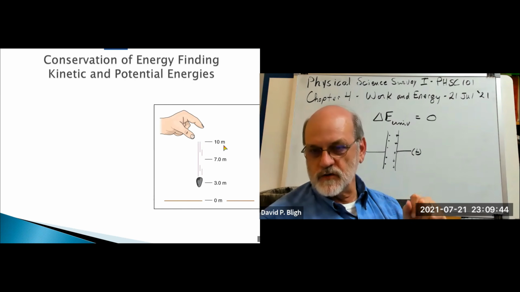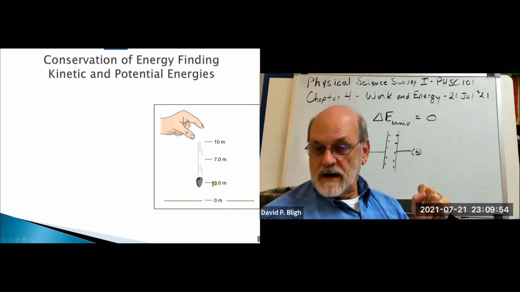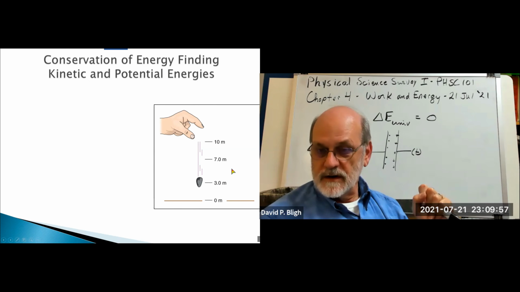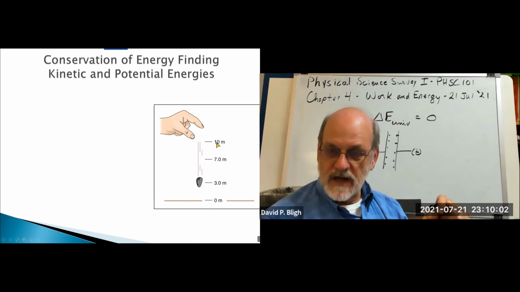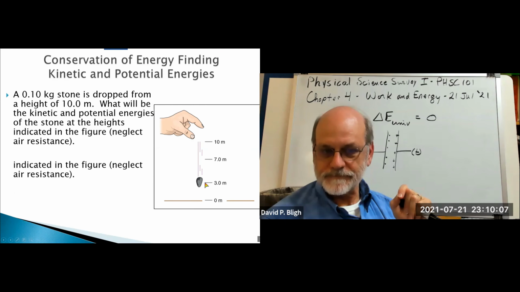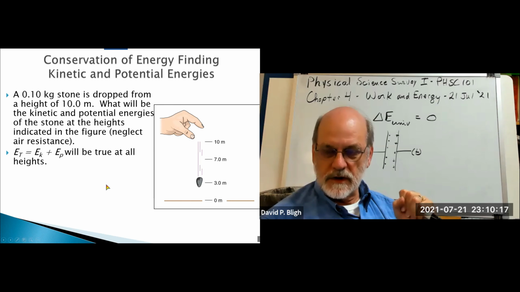So here's an example. We're dropping a rock from 10 meters to 0 meters, and at some point through here, this rock reaches 3 meters from the ground. Okay, 3 from 10 is 7 meters. It's traveled 7 meters, and that amount of stored energy now is converted into kinetic energy. Of course we have to neglect wind resistance and other mitigating factors in order to rationalize this problem.